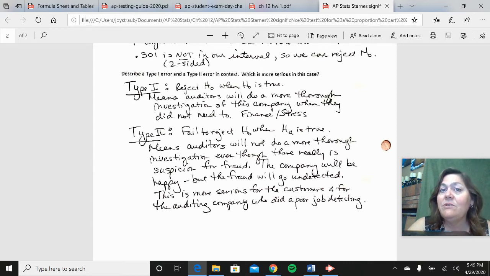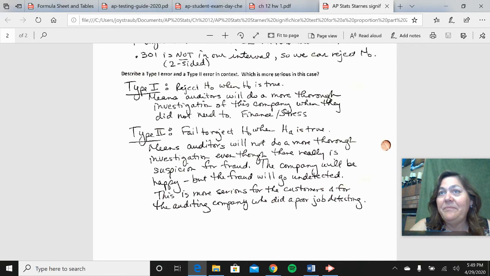If we made a type 2 error, where we failed to reject H0 when HA is true, this is going to mean the auditors will not do a more thorough investigation, even though there really is or should be suspicion for fraud. They're not going to go check it out, right? The company is going to be happy, but the fraud will go undetected.